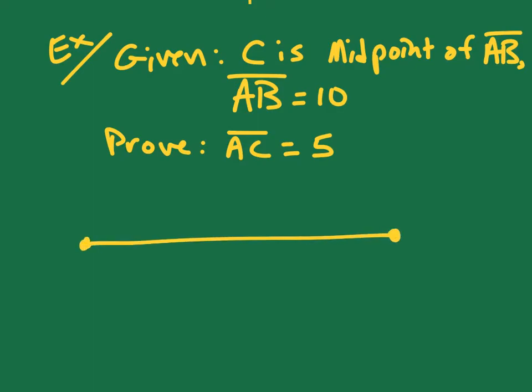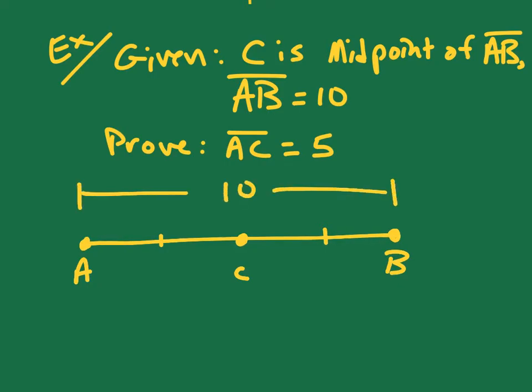I'm going to make a segment AB, and put point C in the middle because it's a midpoint. And I know that a midpoint cuts things into 2 congruent parts. So if the whole thing is 10, then we cut these in half and I get 5 and 5, therefore AC is equal to 5.